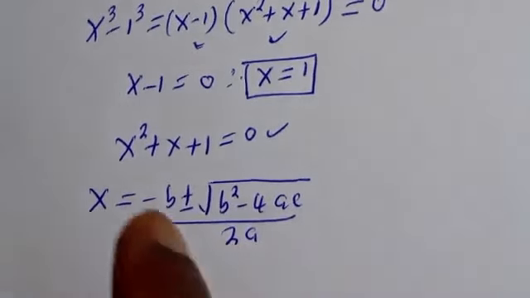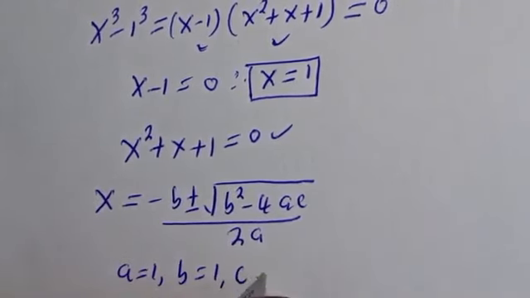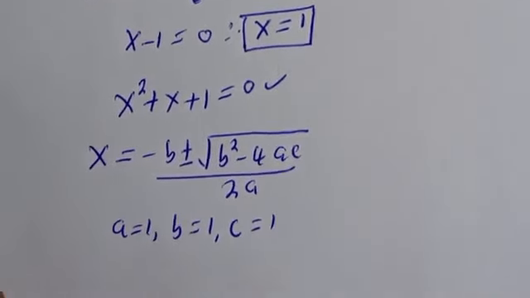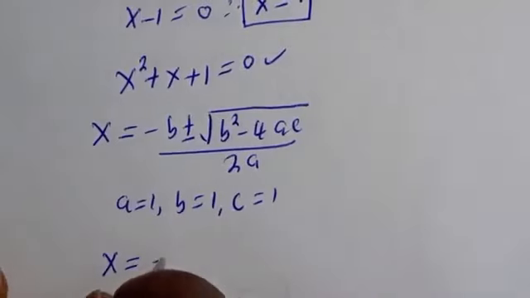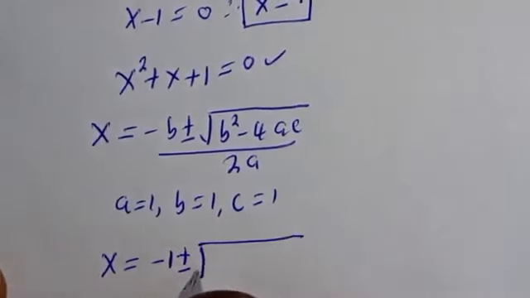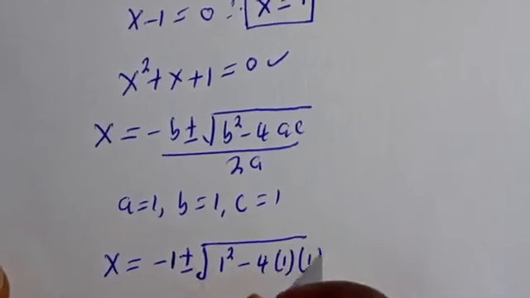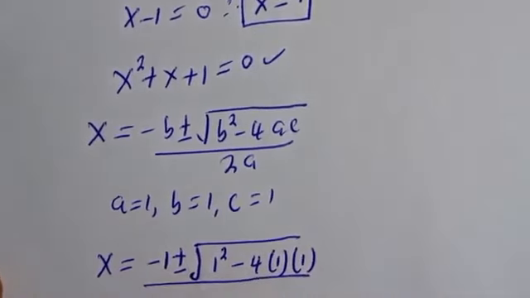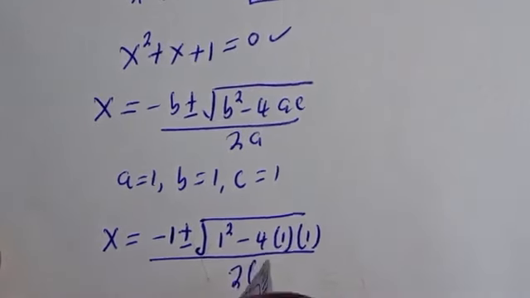And from this equation, a is equal to 1, b is equal to 1, c is equal to 1. Let's substitute. s is equal to minus 1 plus or minus square root of 1 squared minus 4 multiplied by 1 multiplied by 1 over 2 multiplied by 1.